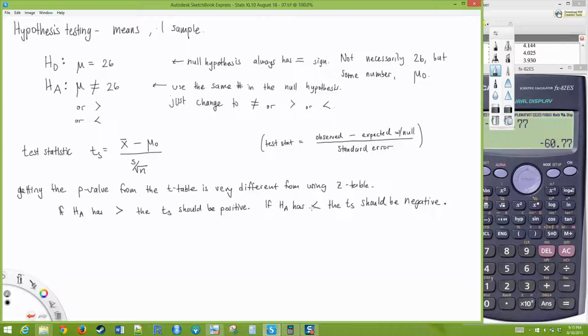If either of these statements are false, then you will not reject the null hypothesis, okay? If your alternative HA has a not equal sign, then whether TS is positive or negative does not matter, okay?